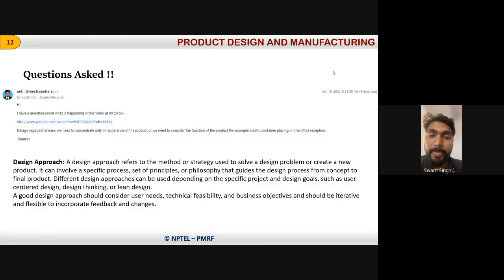It also covers the set of principles and philosophy, and guides the whole process from start to end, from the raw material to its conversion to the final product. I hope this design approach is now pretty much clear to you all. If there is any confusion or anything you want to discuss, you can put it in the chat here.